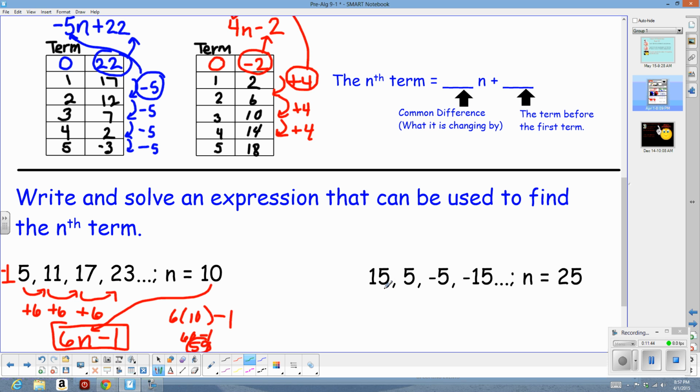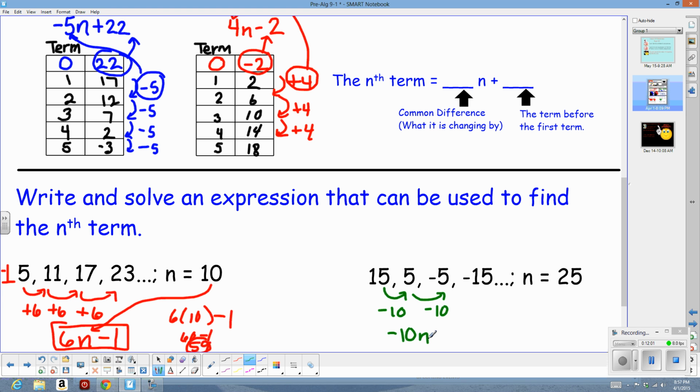For our next one, to go from 15 to 5, that is decreasing by 10. 5 to -5 is decreasing by 10, and so on. So -10 is what I'm going to multiply by. So -10 times n.